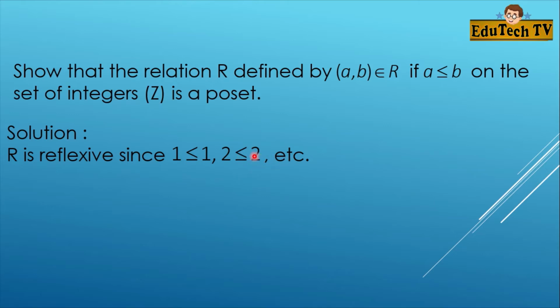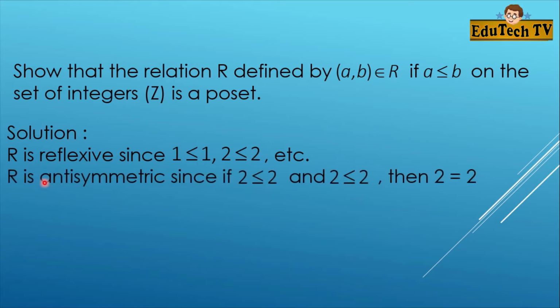So lahat ng integers pwede nating isulat ng ganyan. Okay? So pagka meron tayong ganito, then it is reflexive. Pwede rin siya sa negative. Negative 3 is less than or equal to negative 3.